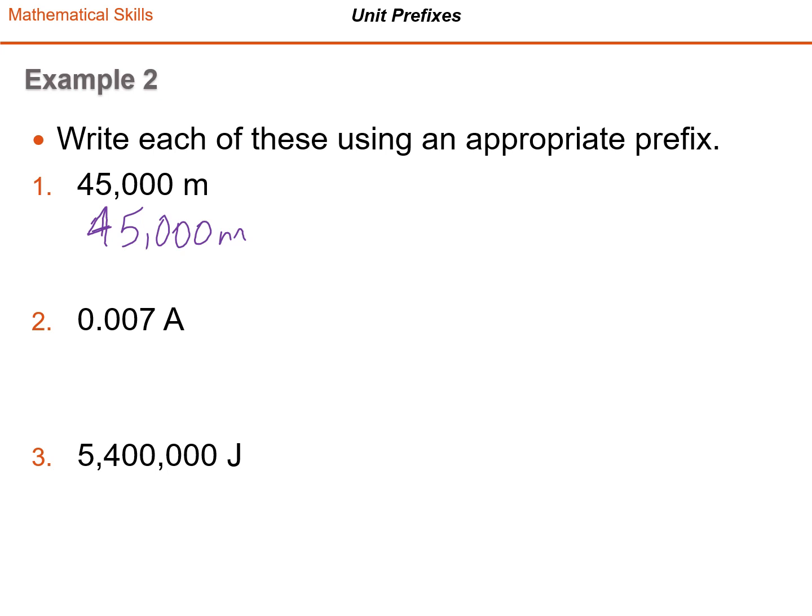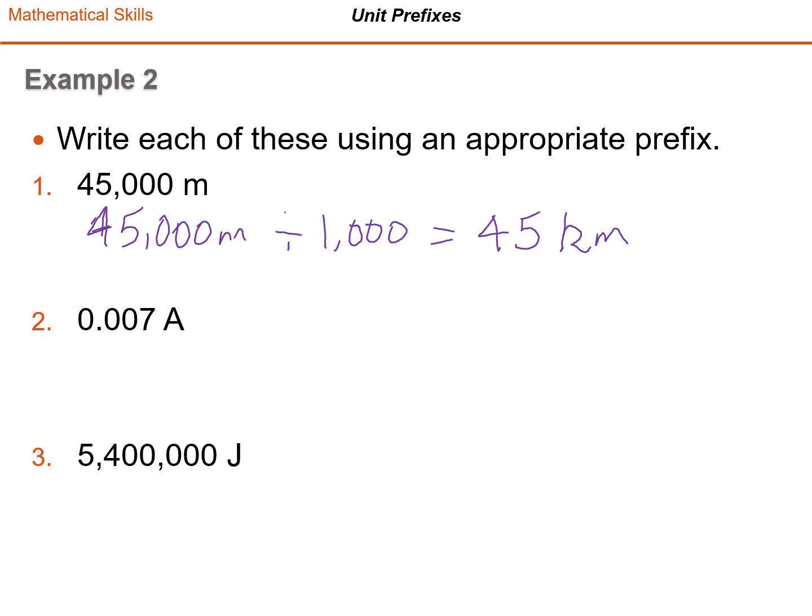So what I'm going to do here is divide this by the 1,000, or you could say you're dividing it by 10 to the power of 3. 10 to the power of 3, or 1,000, is the kilo, and so we get here an answer of 45, and that's where we now put in the kilometers. So to introduce a prefix, we divide by whatever that prefix represents.